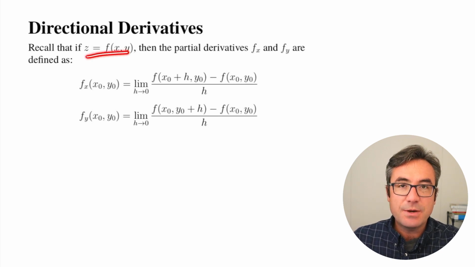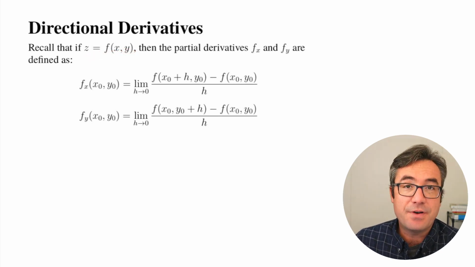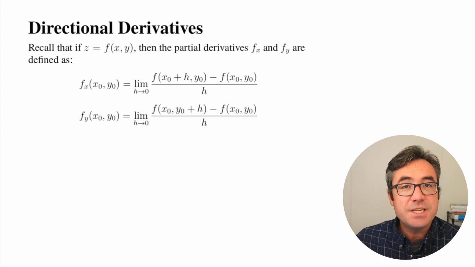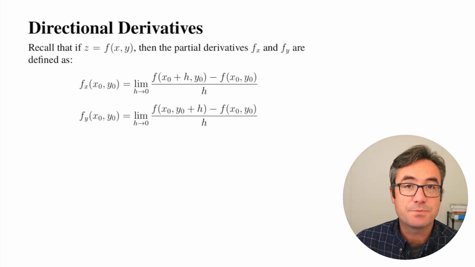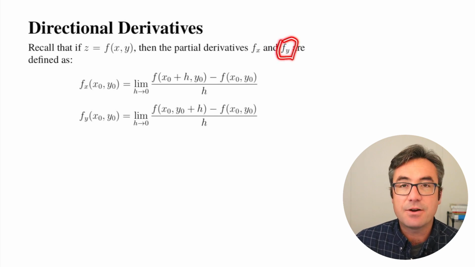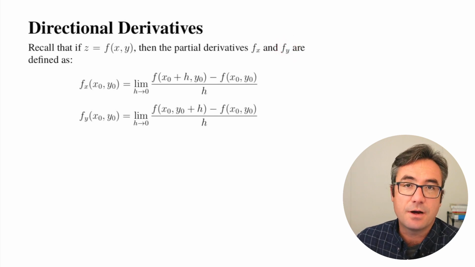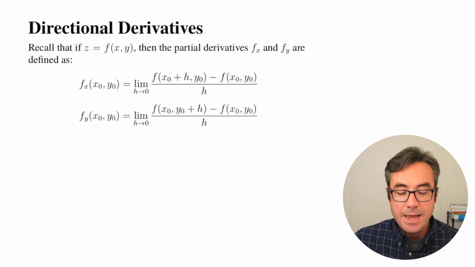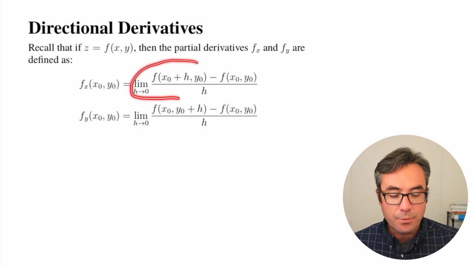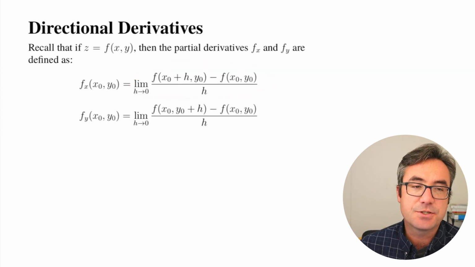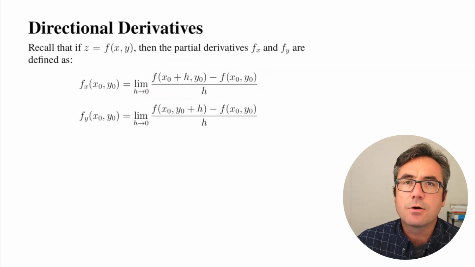So let's suppose that we have a function z equal to f of x, y. And we've seen the partial derivative of our function with respect to x, and we've seen how to calculate our partial derivative of our function with respect to y. And it turns out that really what we're doing for both of these partial derivatives is like our limit definition of derivative here.